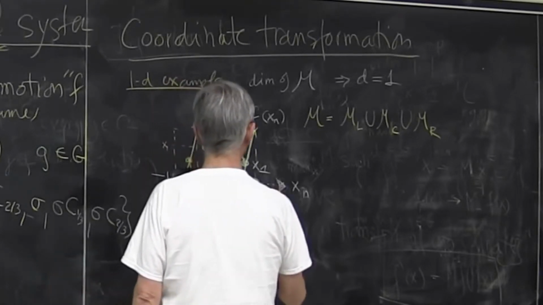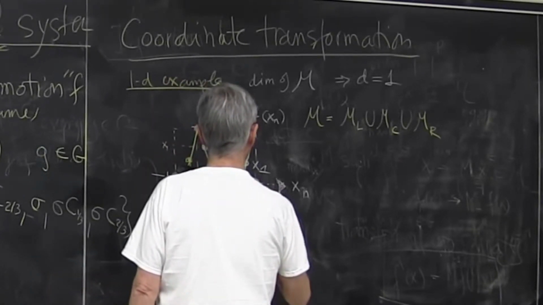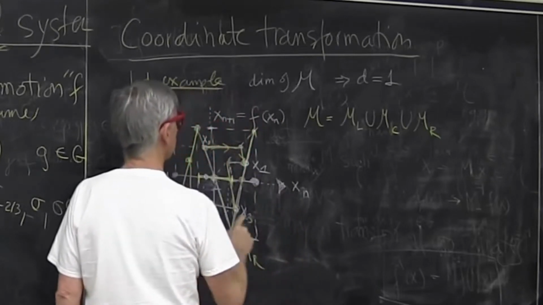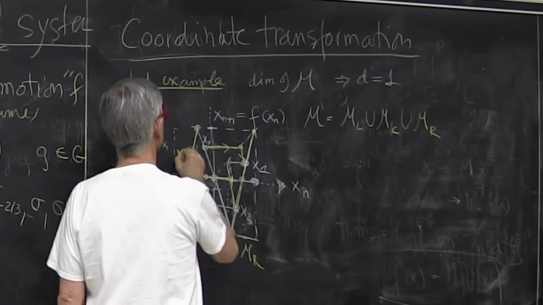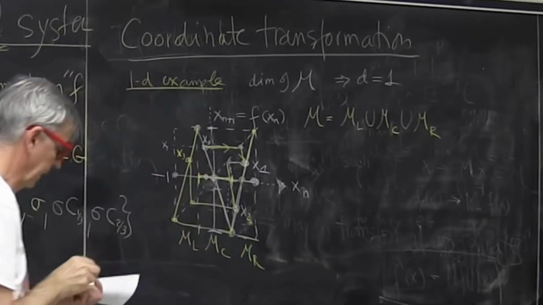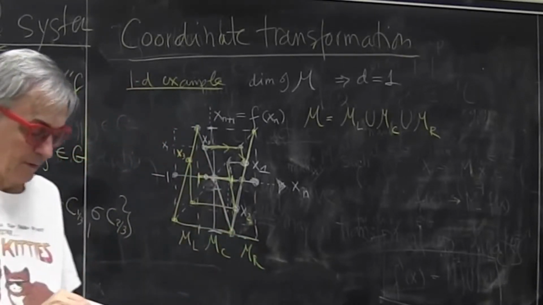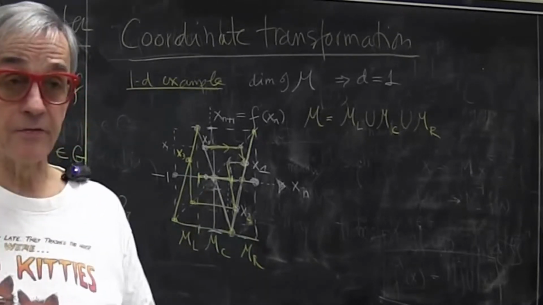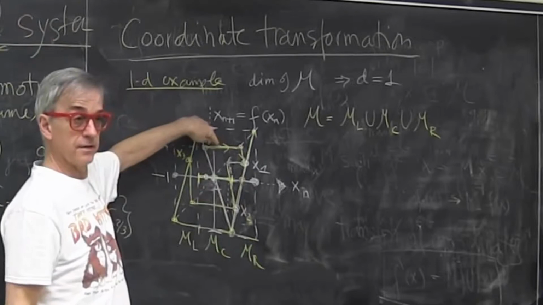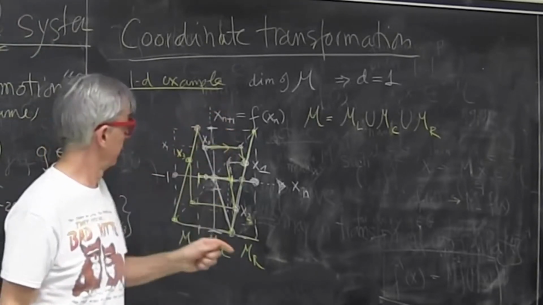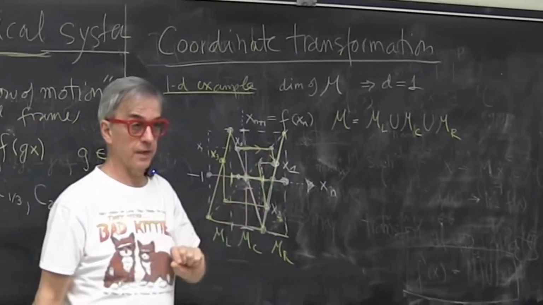So this is one trajectory. So now the first statement of symmetry says that if I have one solution that does this, there should be a solution in which the initial point is flipped.